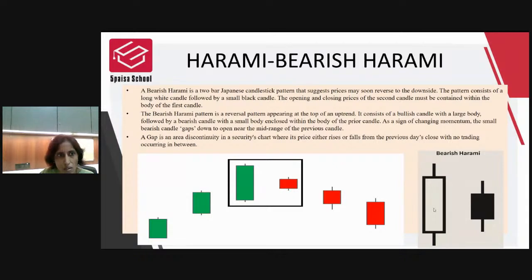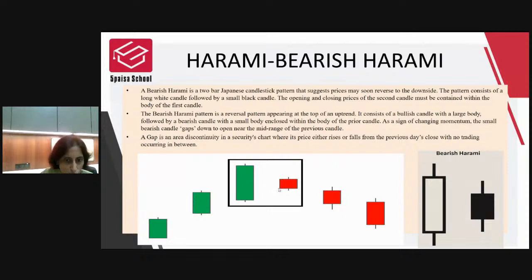So a white candle or a green candle followed by a black candle or a red candle. Right? So the opening and closing prices of the second candle must be contained within the body of the first candle. That is what you see.